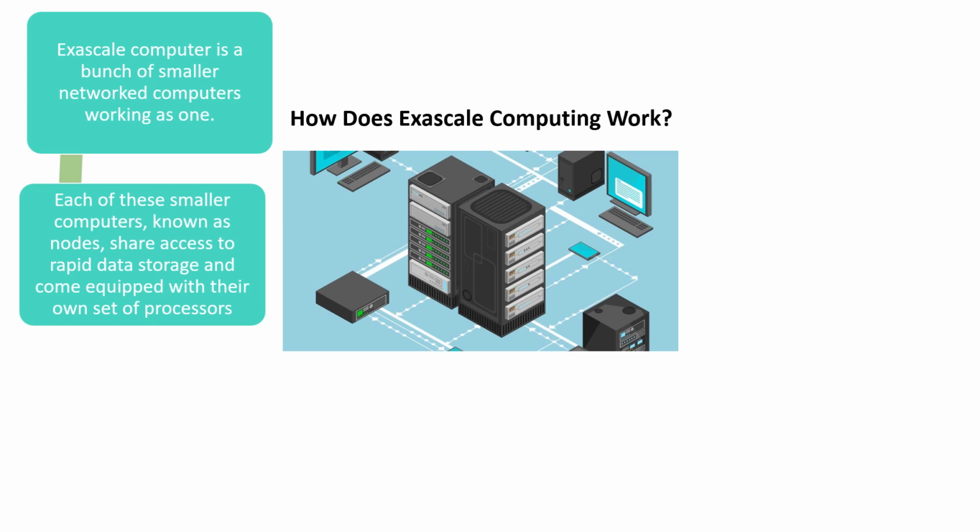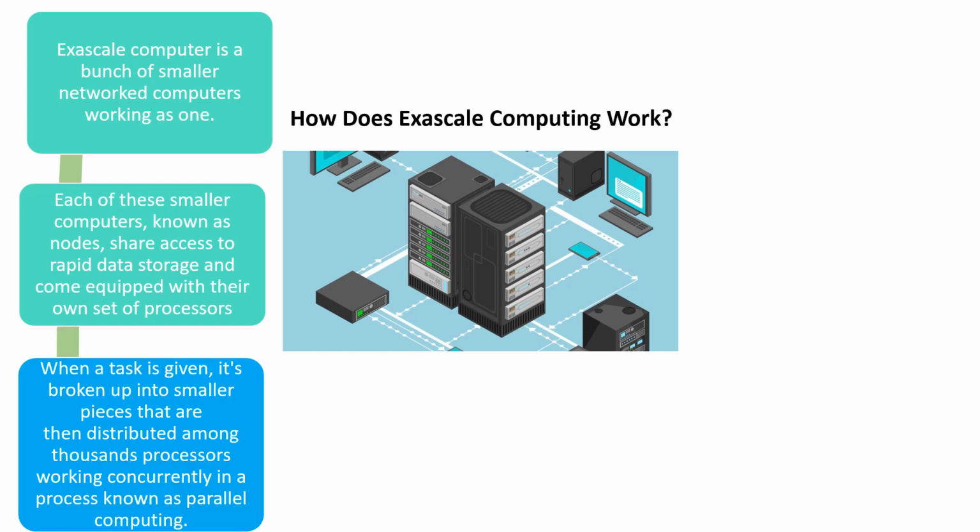So each small computer has its own processors, data storage, etc. When a task is given, it's broken up into smaller pieces that are then distributed among thousands or even millions of processors working concurrently in a process known as parallel computing.